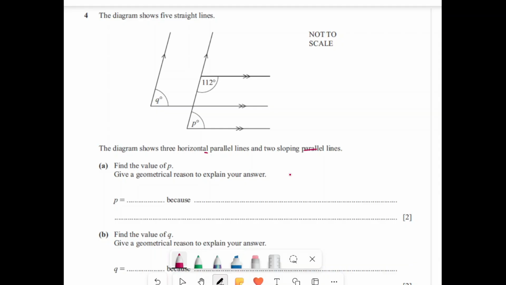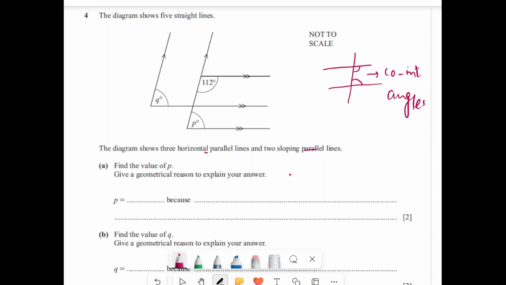So let's quickly revise a basic concept of 2 parallel lines and 1 transversal line. If they are intersecting, then their interior angles add up to 180 degrees. This is the rule, and these are called co-interior angles, and they always add up to 180 degrees.